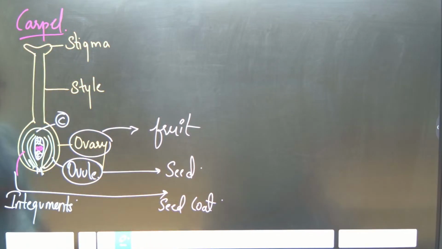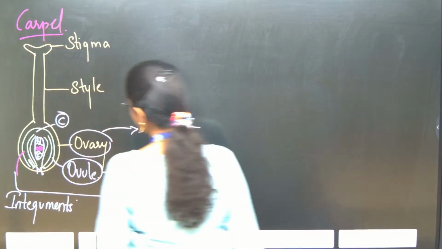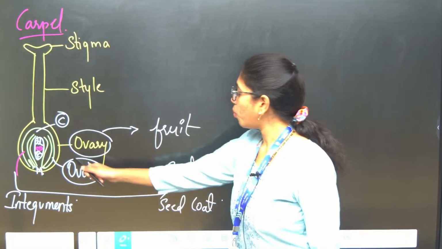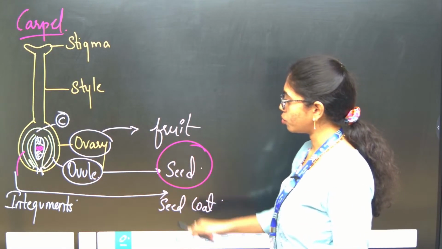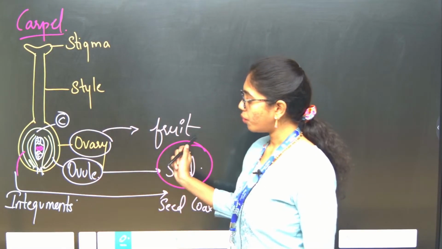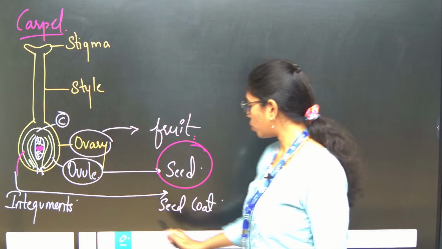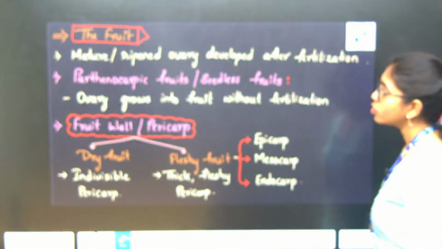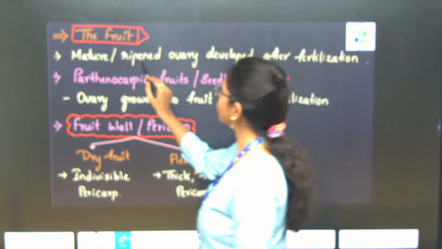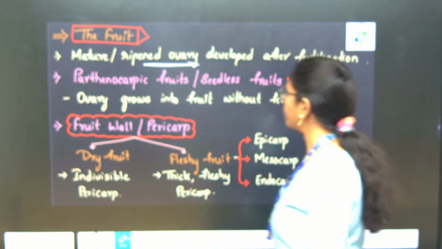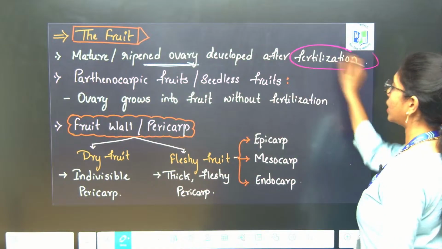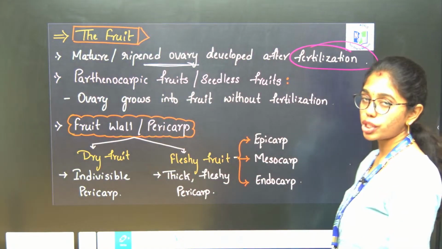Clear, right? So this is what you have to fix it in your mind, that ovule post fertilization it modifies to seed, and ovary to fruit, integuments of the ovule to seed coat. Clear, right? So here what is a fruit? Mature or ripened ovary which developed after fertilization, that is post fertilization, is said to be fruit.